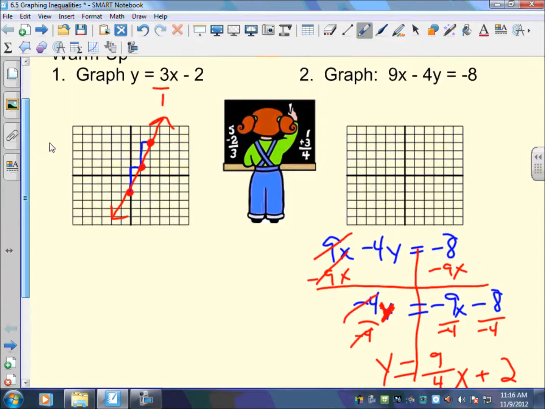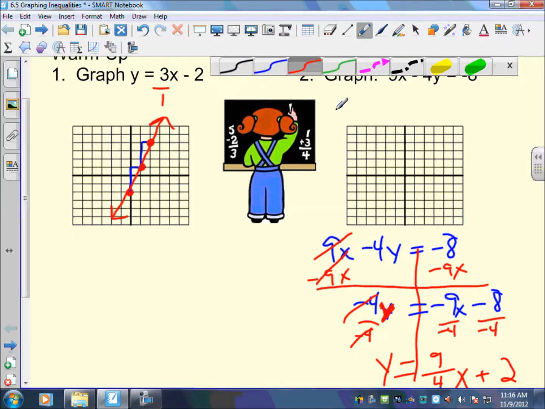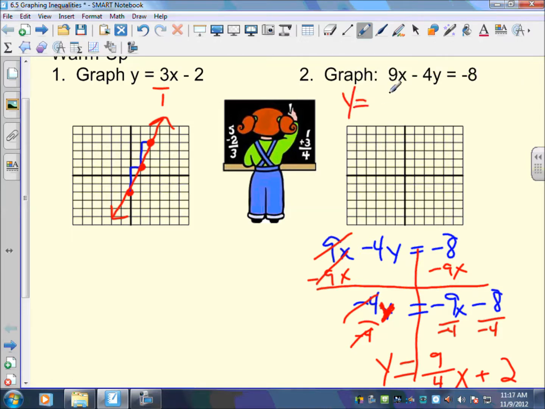So now, y equals 9 over 4 x plus 2 is my slope-intercept form, because y is isolated, and I can graph that. You're going to graph it just like you did in number 1. You go ahead and graph it. If you have any questions, come in and ask. I will let you know this is going to go off the graph. It's okay. Just guesstimate where it should be.